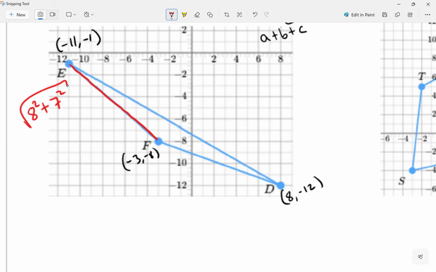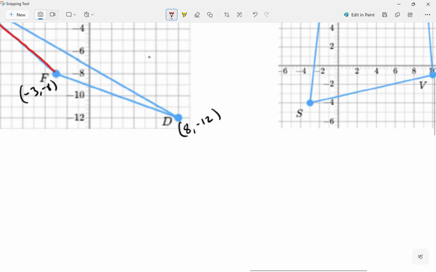Now the square root of 8 squared plus 7 squared happens to be 10.6301. Let me use 4 decimal places for the work, even though our answer is rounded to 2 decimal places. So the distance between E and F is 10.6301.